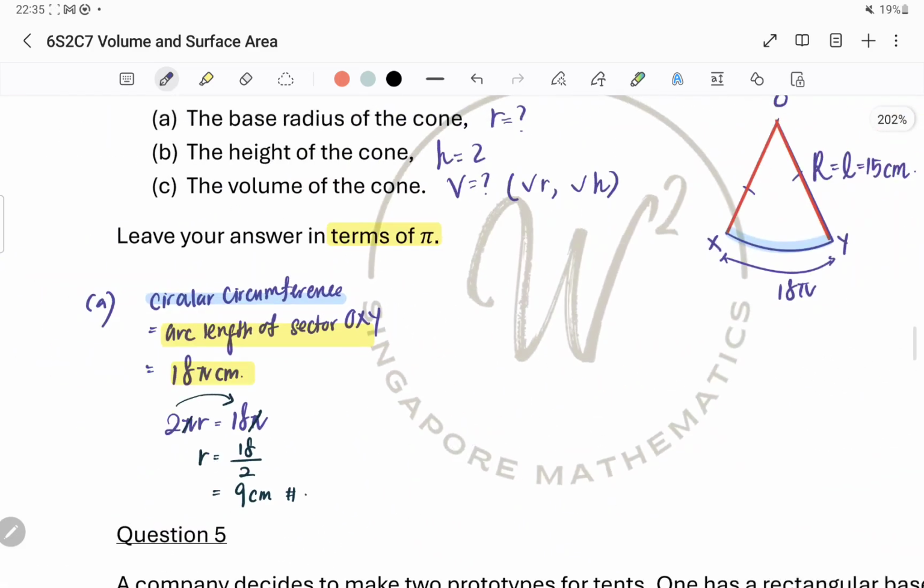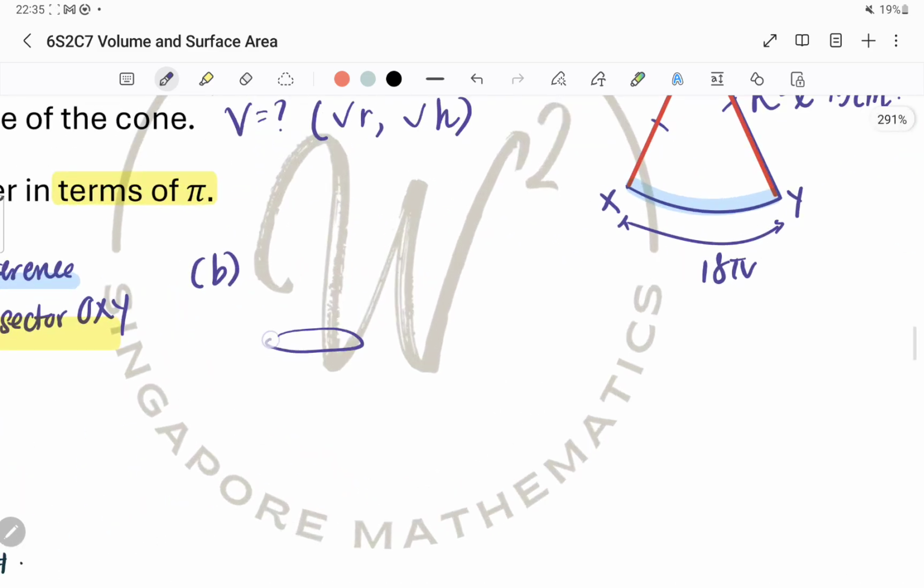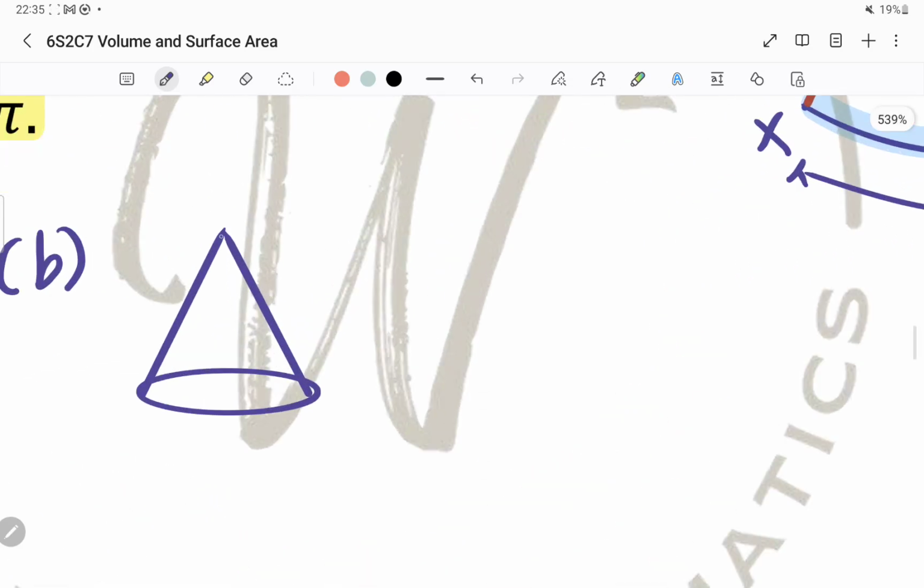So here we find the radius already. Now we want to find out what is the height. So think back, when you have a circular cone, the question particularly mentioned that this is a right circular cone. So here you have a height that you want to find.